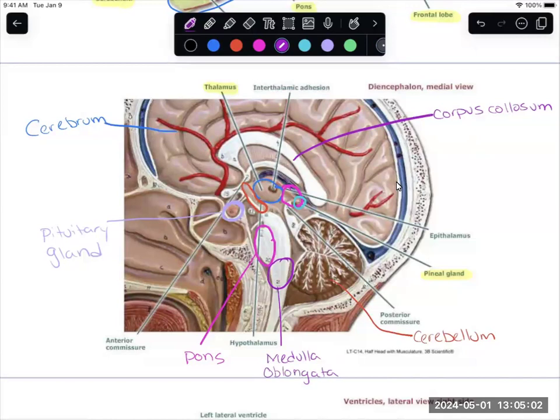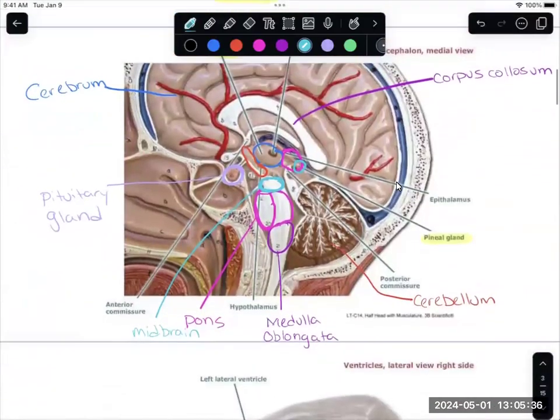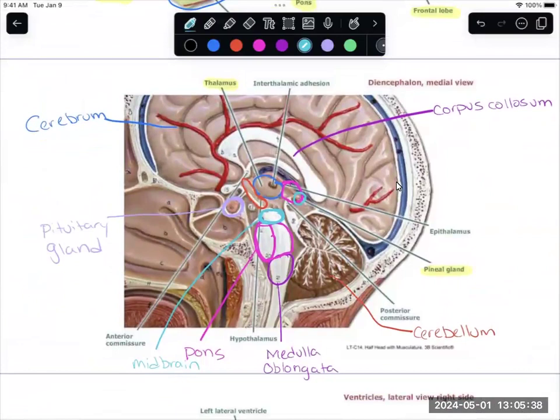Same thing, just two different names because this pons can technically kind of go back into here. Up in here is the midbrain. That's also technically part of that brainstem. We just don't necessarily see it very well when you're looking at the brain from this position. You see it better from this position.